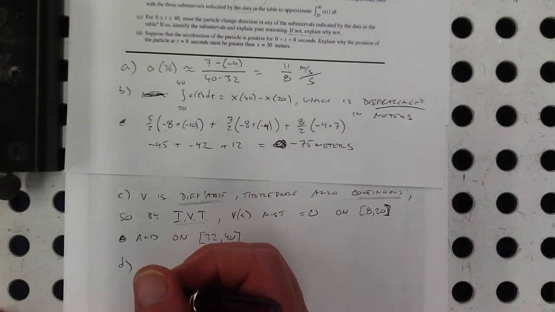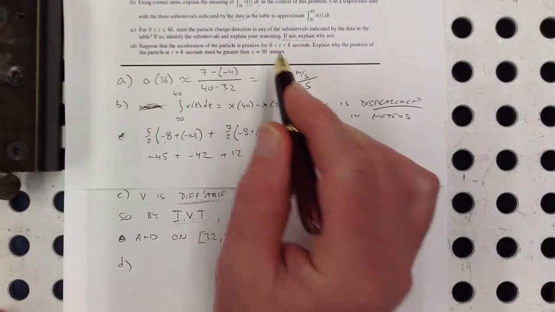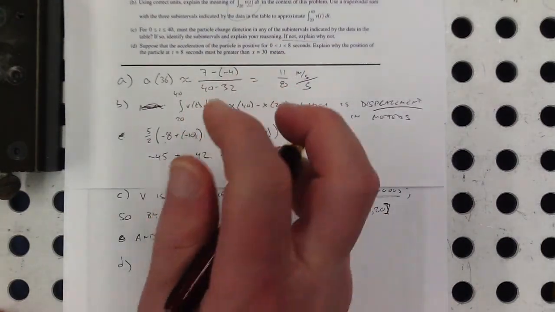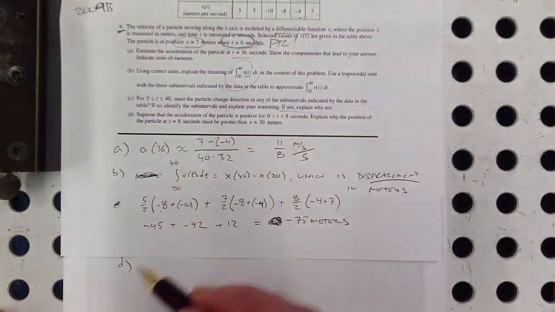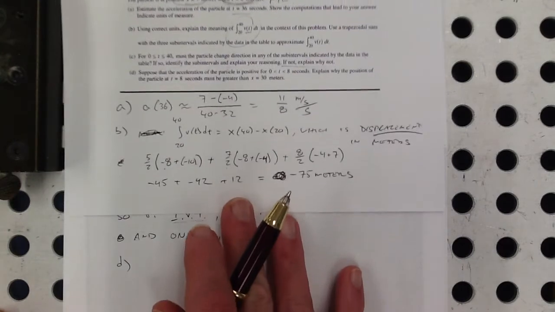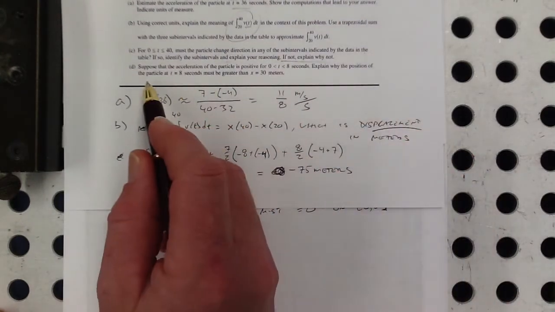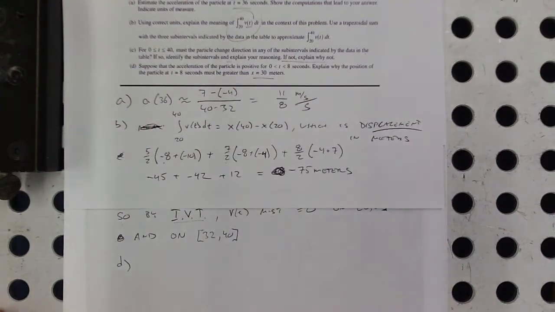Okay, last part. Suppose that the acceleration of the particle is positive for times 0 to 8, which could be, right? Because it's going from 3 to 5. So they're saying it's positive the whole time. Explain why the position of the particle at time 8 must be greater than 30 meters.